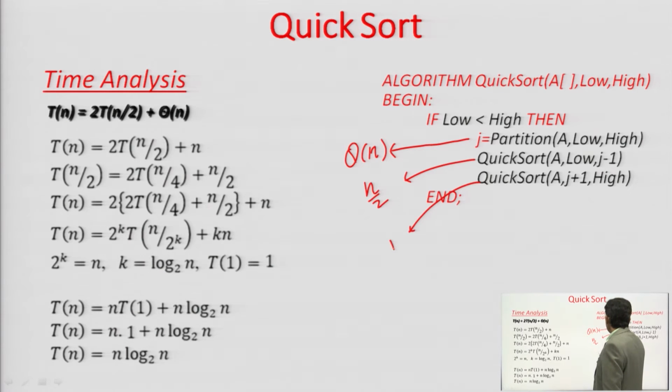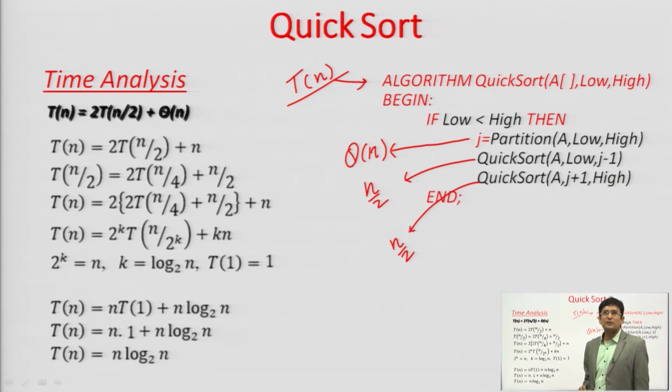This quicksort will also have an n by 2 element array. In case you have to find out the time complexity of quicksort on an array of size n, let us say it is denoted by T(n). So, T(n) is denoting the time complexity of quicksort of size n.